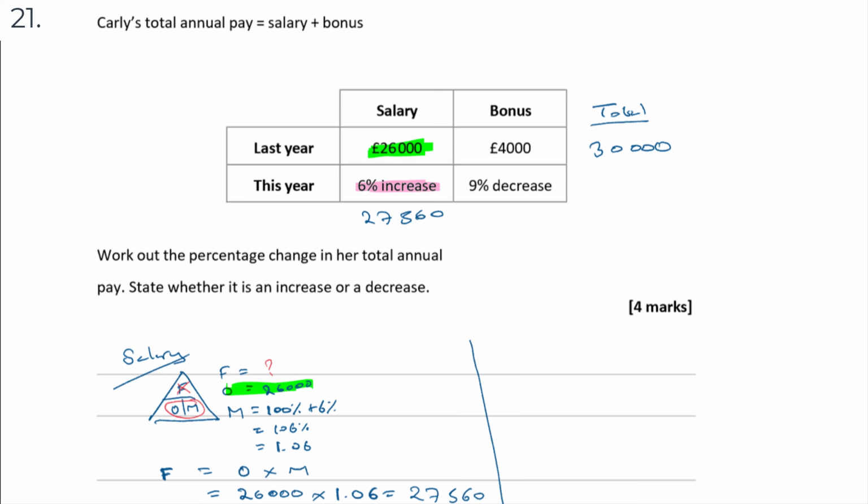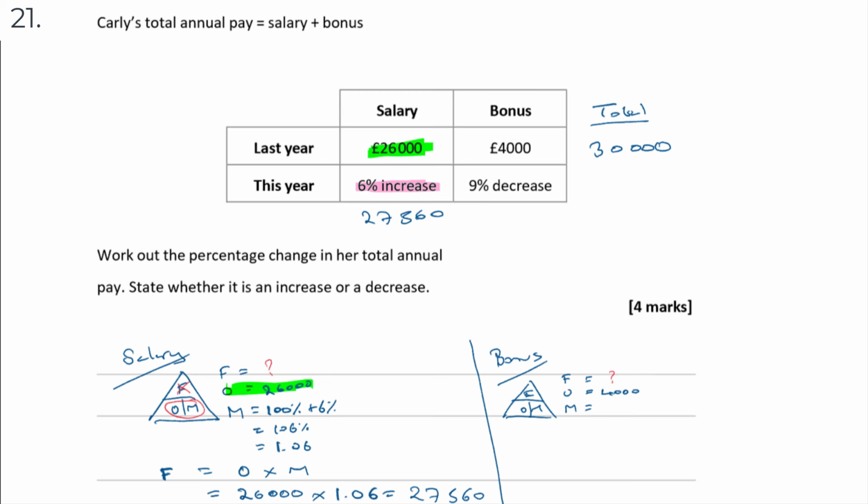Now we also need to work out what's happening with her bonus. Her bonus is decreasing by 9%. So I'm going to do another triangle. Final, original, multiplier. Now this time, I'm still looking for the final after a decrease of 9%. Last year it was 4,000, so that's going to be my original.